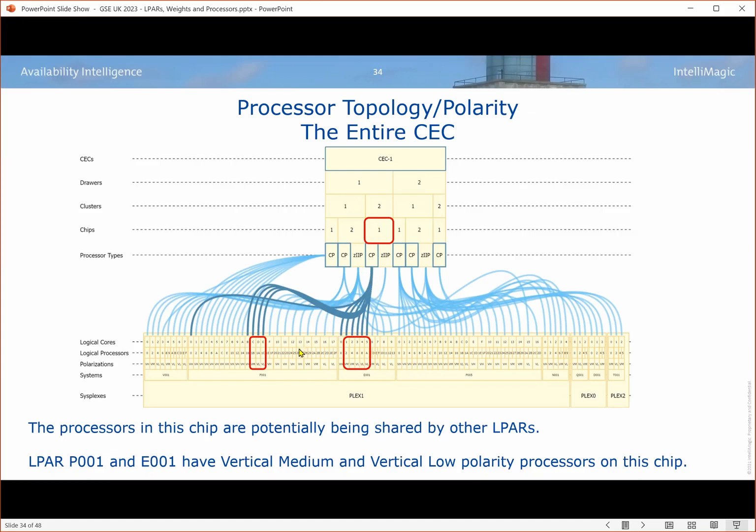That's great. But we do see that other LPARs, in this case P001, also has vertical mediums and lows on that chip. So it could quite be the case that workload is being dispatched from those two LPARs on those shared processors. That's the idea. And that's going to affect potentially our efficiency and increase the number of cycles.